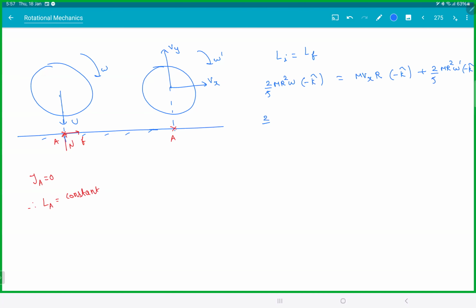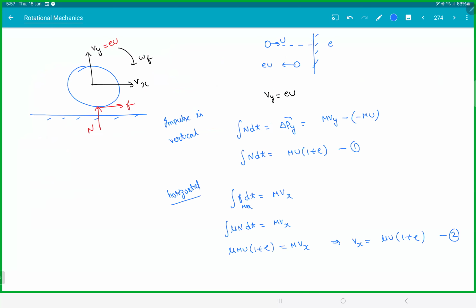2/5 mr² omega minus m Vx r equals 2/5 mr² omega dash. Vx's value is already calculated. So omega dash will be omega minus 5Vx by 2R. That's your omega dash.